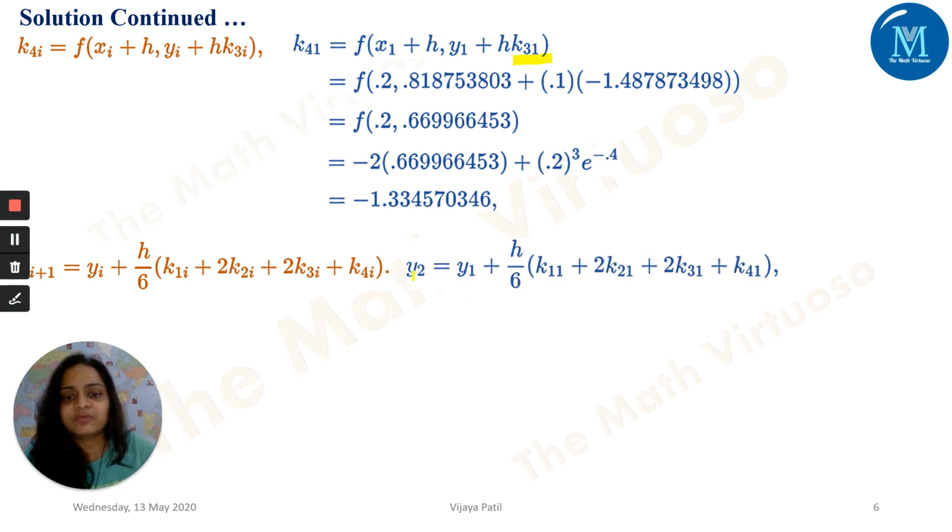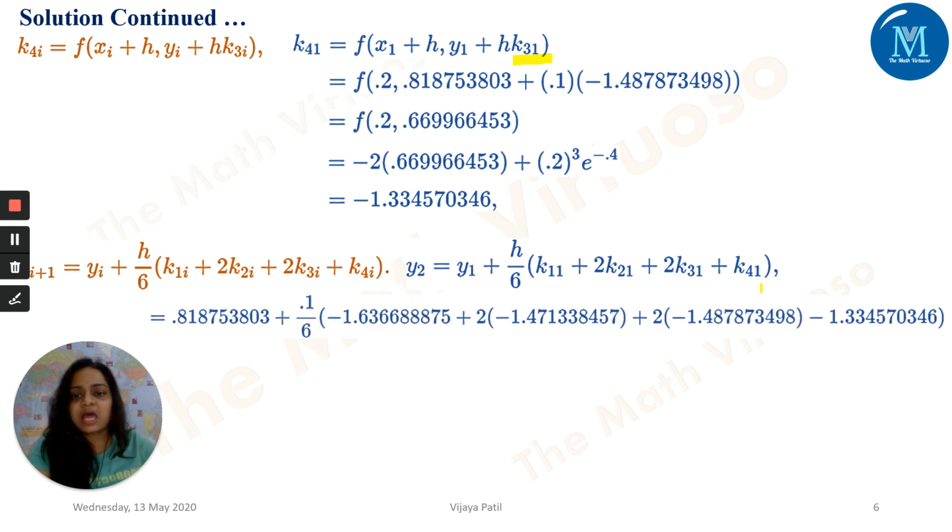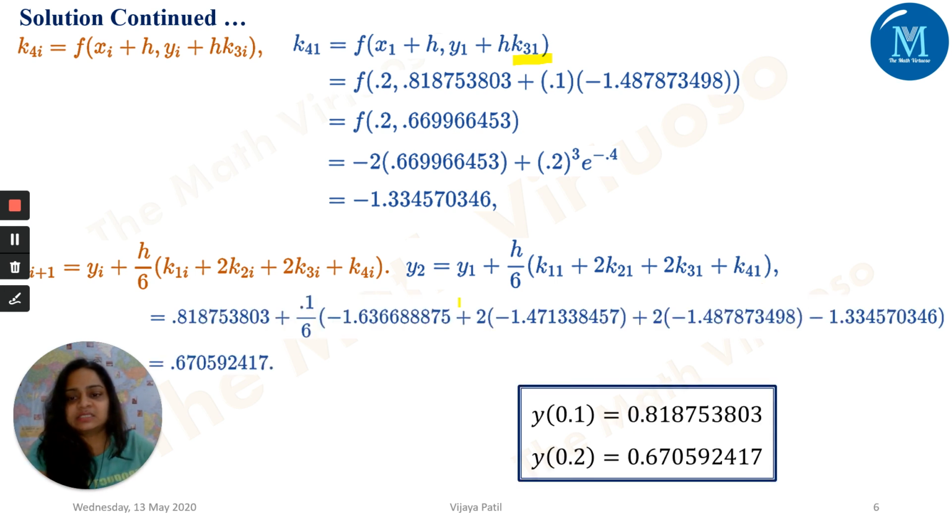y2 you will get as y1 plus h by 6 times K11 plus 2 times K21 plus 2 times K31 plus K41. This is what we have got here, and therefore we will get the answer as 0.670592417.